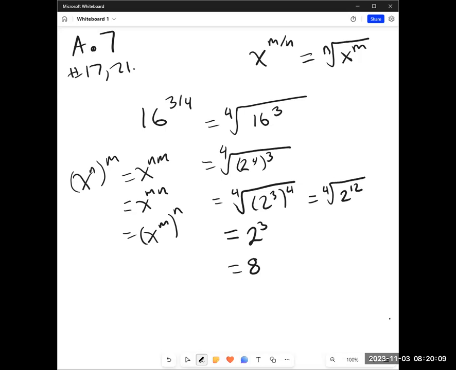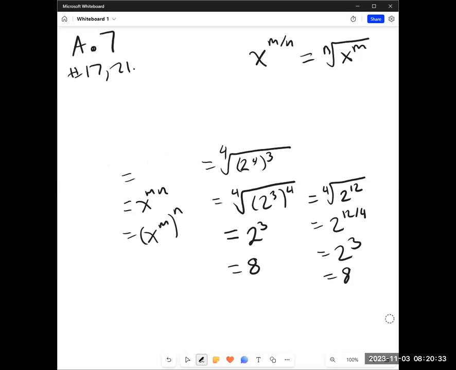If I think of that as 2 to the 12 over 4, oh, I know what 12 divided by 4 is. That's 3, and that gets me to the same place: this is 8. So it might help us to go back and forth. Sometimes it's easier to think of the problem with roots. Sometimes it's easier to think of the problem as a fractional exponent, but we get to the same place.